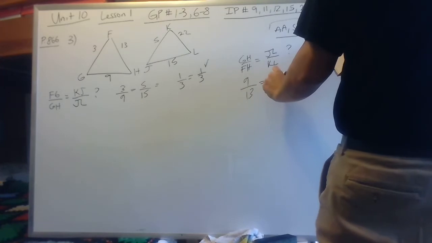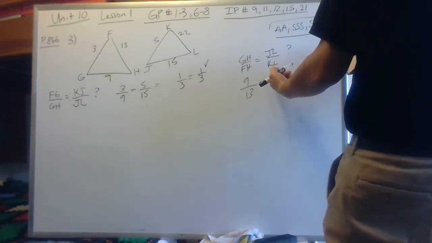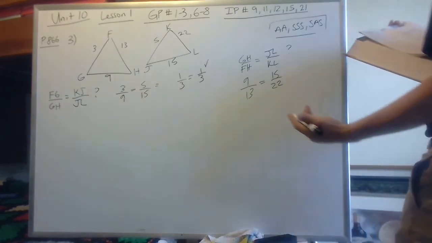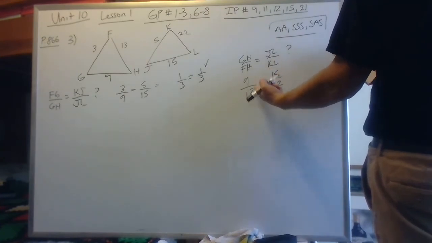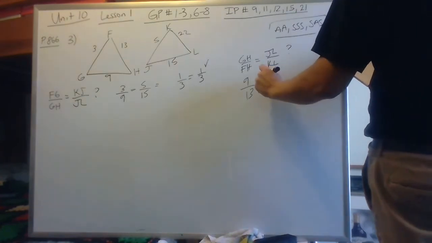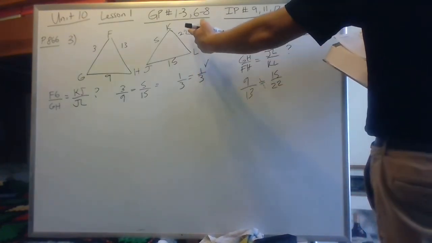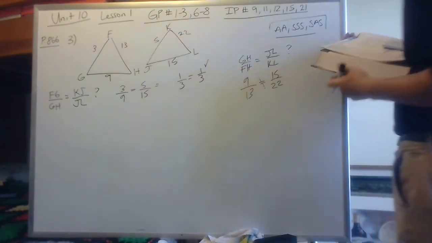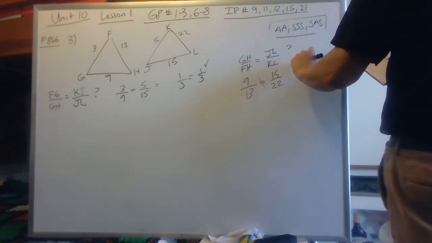Does that ratio equal 15 over 22? 9 over 13 can't be reduced and 15 over 22 can't be reduced. So these do not equal each other. So because the ratio of those two side lengths do not equal each other, this is going to be not similar.